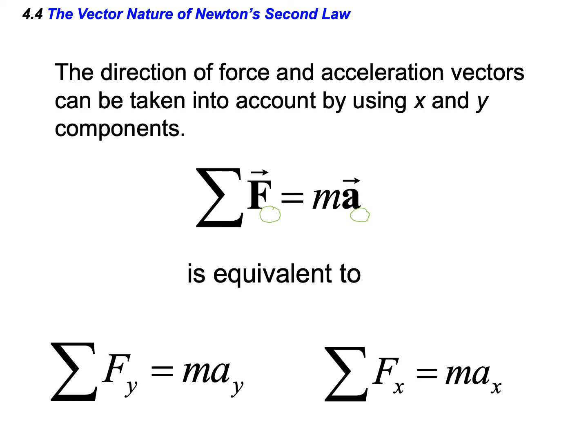So basically this equation we can write as two components. Y component, net force along y direction, which is equal to mass, no direction, and then acceleration along y direction. Net force along x direction, acceleration along x direction.